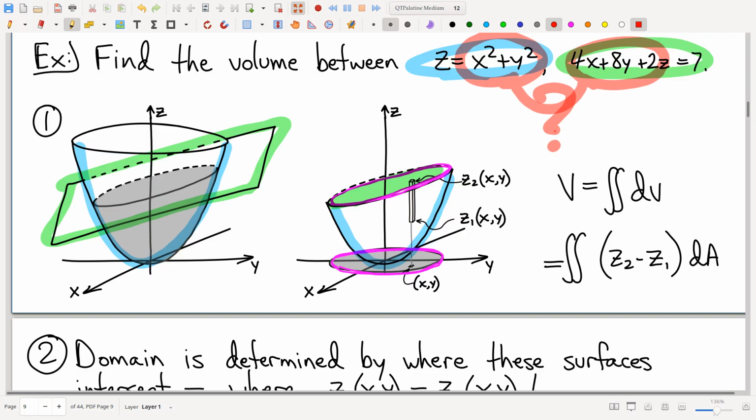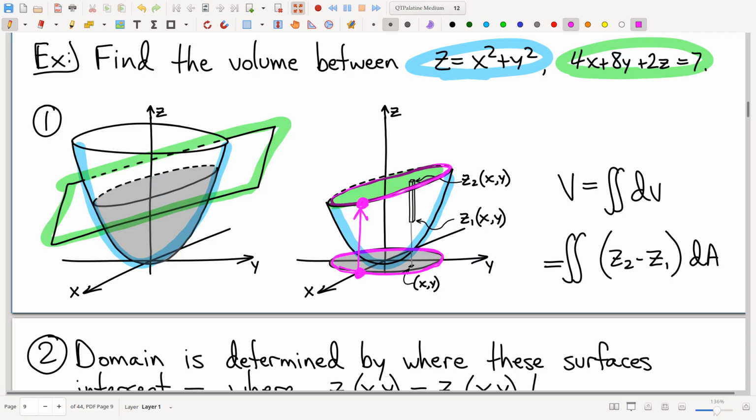Okay. So let's talk about how to make a proper interpretation of this, and what I can really say about these points that I'm interested in. Points like this, corresponding to points on the intersection of these two surfaces, are points where, if I look at how high I have to go to get to the green surface, and how high I have to go to get to the blue surface, it's the same height.